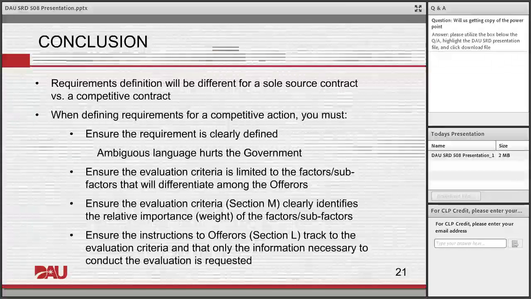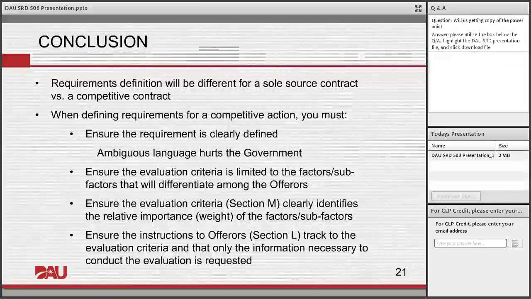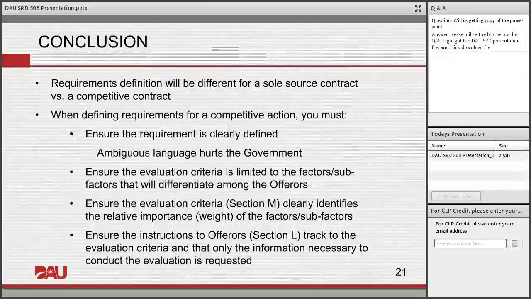If I have unknowns and I have to wait and see, and I'm not exactly sure how much labor it's going to take, I'm not exactly sure how much materials, and I can't expect a contractor to be able to tell me over a 5-year period that their cost will not increase at all, then that lends itself to the cost type contract. So yeah, you can use firm fixed price for all three as long as you have a well-defined requirement.